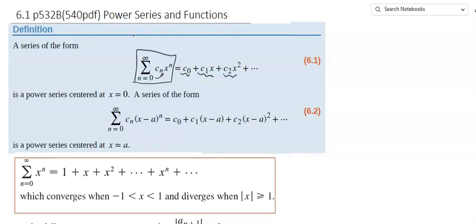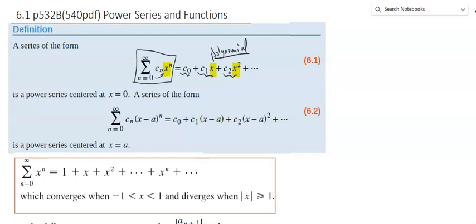So if you really look closely at it, it looks like a polynomial. And this x is the varying part, and those c's are the coefficients, they're constants.